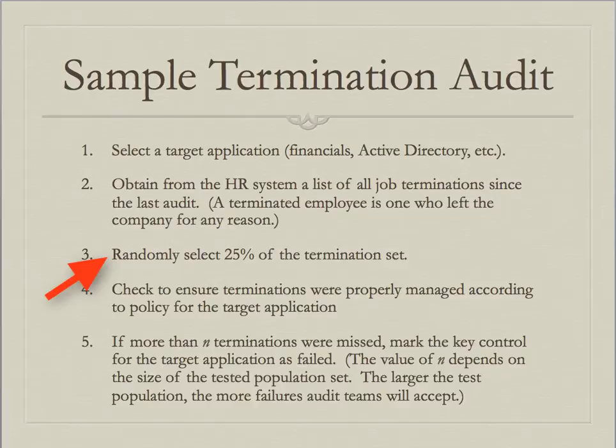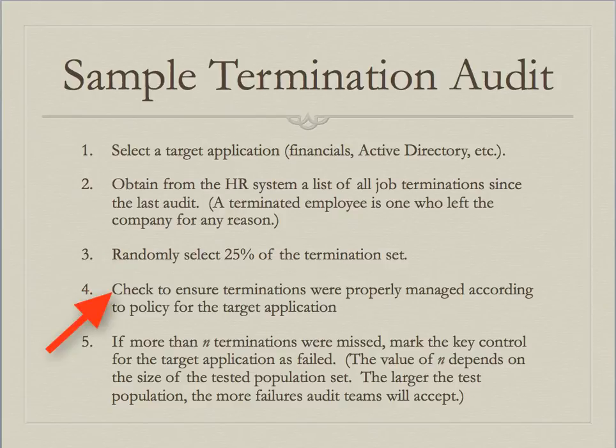Out of that termination population, they randomly select a 25% test population, or a test subset. Now this 25% is based on a formula auditors use based on the size of the set and the risk and some other variables, which we're not going to go into in this class.